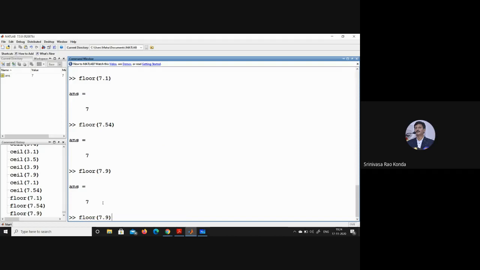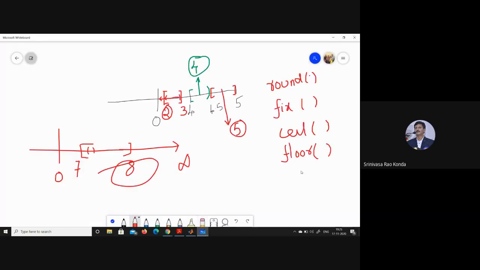What will happen if you give a negative value? Minus 7.1 gives minus 8. So there is a difference between fix and floor command. Floor of x rounds x to the nearest integer towards minus infinity.